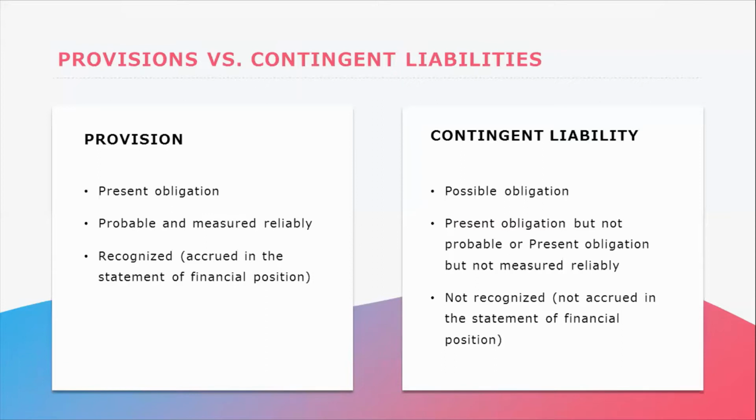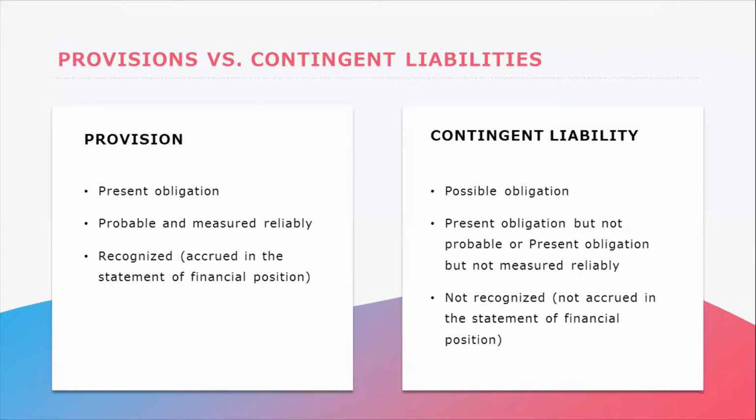So, let us annotate to explain further the difference between the two. Provisions are a present obligation. The definition of a liability is a present obligation as a result of a past event or transaction which will make an outflow of economic resources.